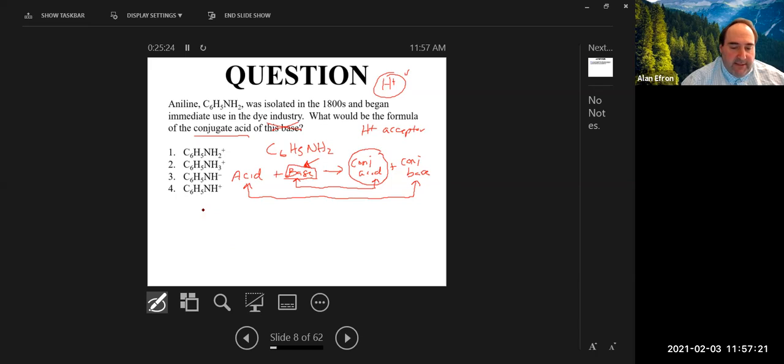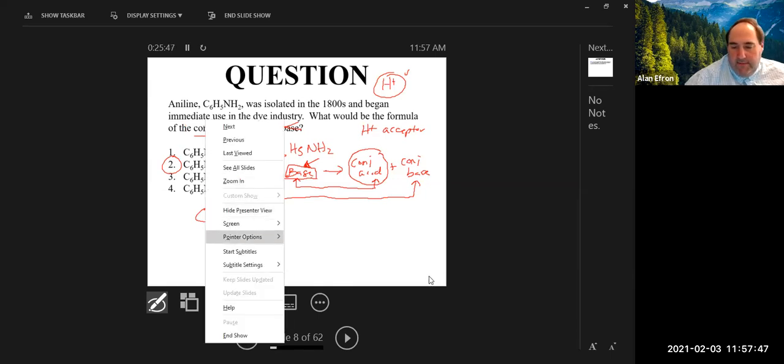So you should put an H plus on that, and you'll end up with C6H5NH3. It's very simply just adding one more H to the end, which gives me NH3. And we had no charge, and we're adding a plus, so we become plus there. So that looks like number 2 might be a winner on the choice there. Question on that one?